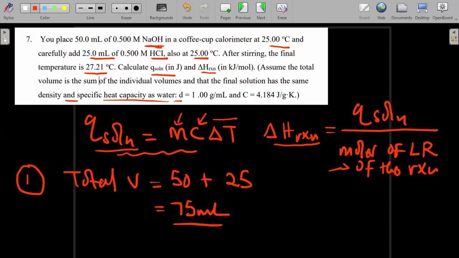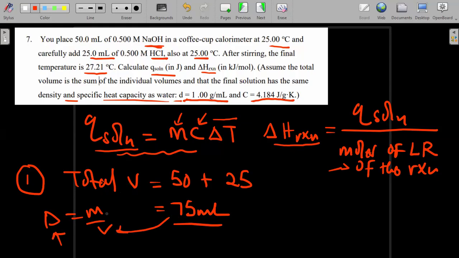So how can I find the mass? When you come at the end here, they've said this solution has the same density as water, which is just 1 gram per milliliter, and it also has the same specific heat capacity as water. For us to find the mass, we know that density is equal to mass over volume. We have the volume of the solution, and we have also been given the density from the question.